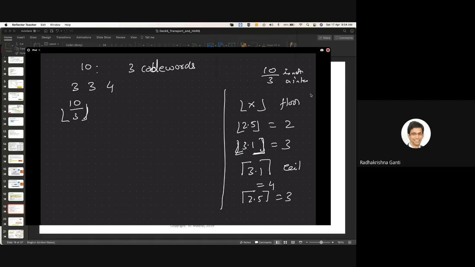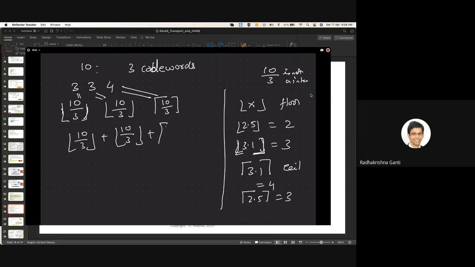So this can be written as floor of 10 by 3, floor of 10 by 3, and ceil of 10 by 3. 10 by 3 is 3.333. So the floor of 3.33 is equal to 3. Again, this is also 3. The ceil of 10 by 3, the ceil of 3.33, is equal to 4. Is that fine? So floor of 10 by 3 plus floor of 10 by 3 plus ceil of 10 by 3 will be equal to 10.